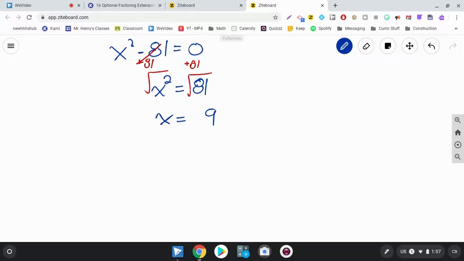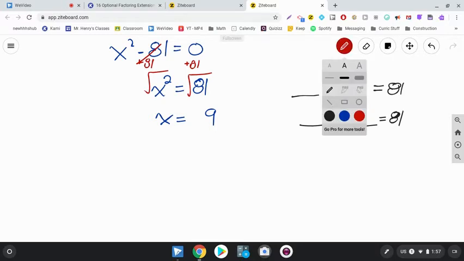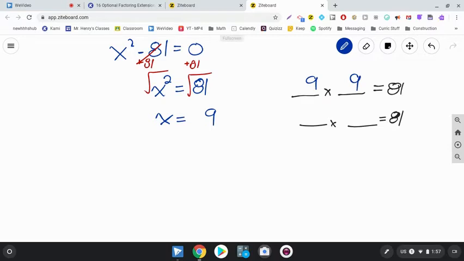I want to pause there so we can remember the actual definition of a square root, this idea that if x squared is equal to 81, that's really saying what times what equals 81, or what times itself. And what we maybe remember from last unit is there's actually 2 options there. Because the obvious one, 9 times 9 is equal to 81, or 9 squared equals 81.